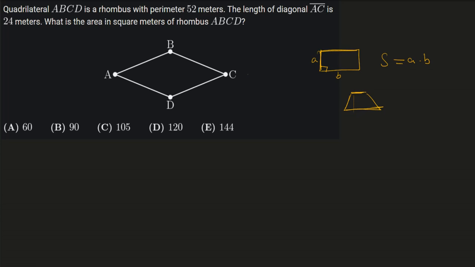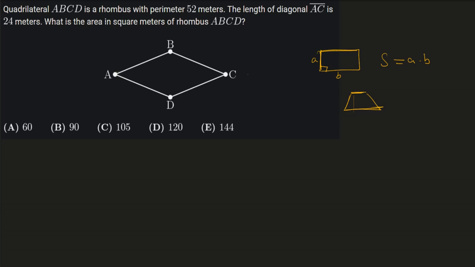However, for a rhombus, things are slightly different. The reason is that the adjacent sides are not perpendicular to each other. There is no easy way to apply the side length to the area of the rhombus. Of course, a rhombus is also a special kind of parallelogram.